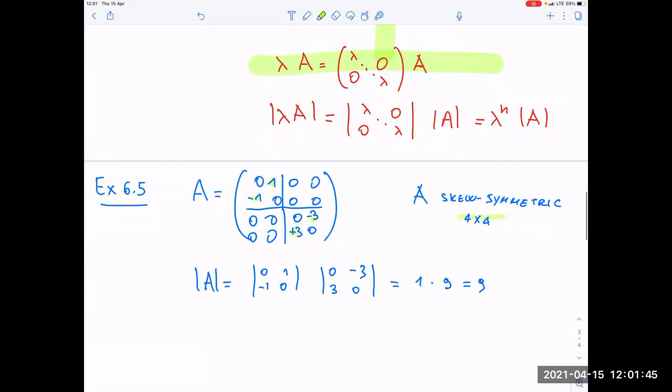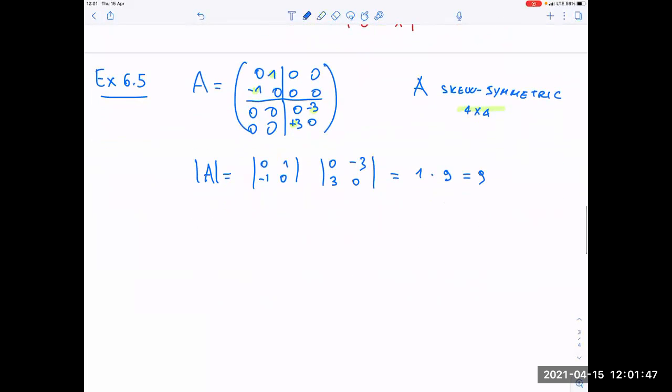Okay, so let's try to make a skew-symmetric matrix of odd size. Just to keep playing in this way, I take one of your suggestions. So again, make it a block matrix, but now a little bit simpler for us to play with.